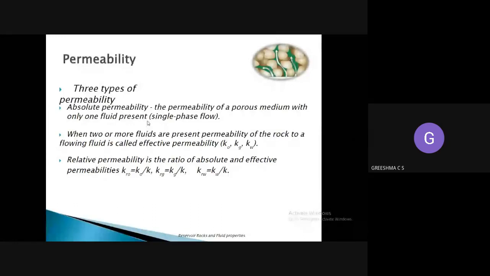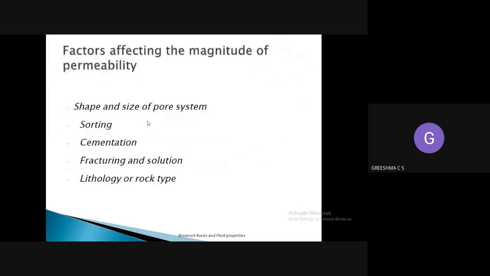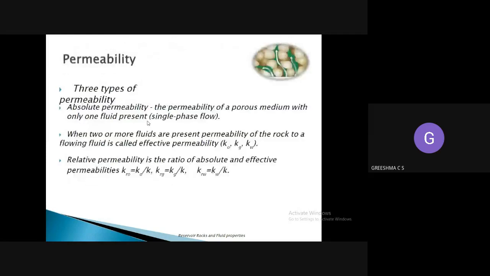That means in wells, the water coming from such rock will be very pure. Effective permeability means sometimes you see wells with bad water, water which is not potable. Why? Because some other kind of fluid is also flowing through it. The rock is allowing the flow of other fluids, so that is effective permeability. The ratio between both is relative permeability.